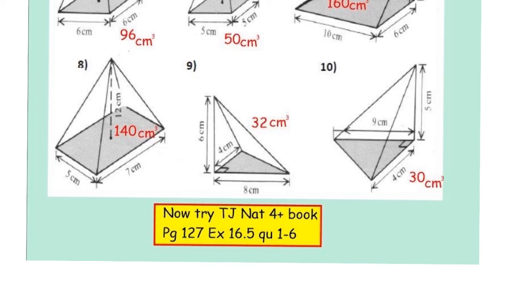Like I mentioned earlier, the first couple of questions, they tell you the area, so it's really just a case of multiplying. But 5 and 6 are a little bit tricky, and you might need to use some skills that you've learned before, like Pythagoras or SOHCAHTOA, to work out some of the dimensions of things. So it's absolutely fine if you think you need to do that, to go ahead and do that. Okay, good luck.